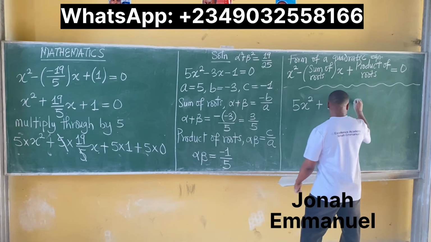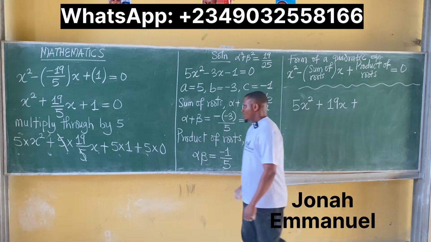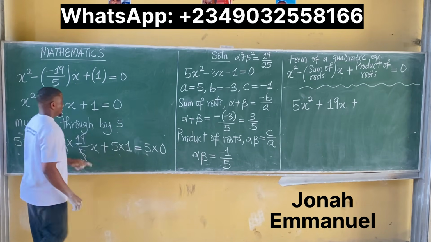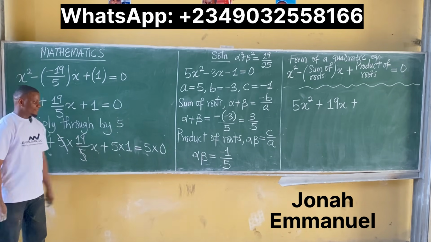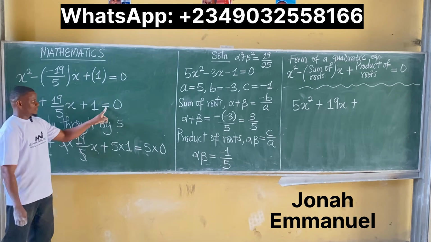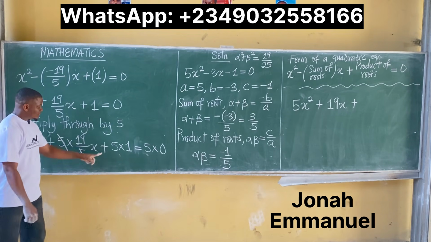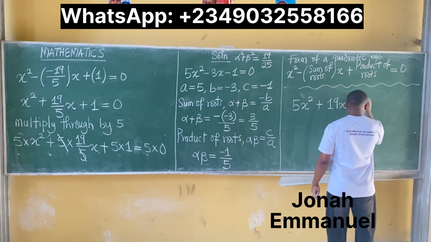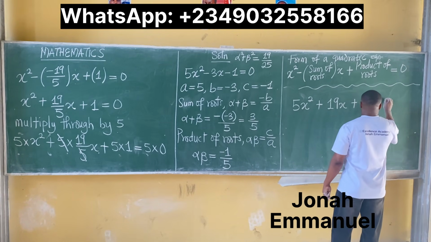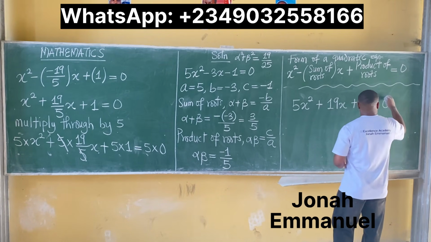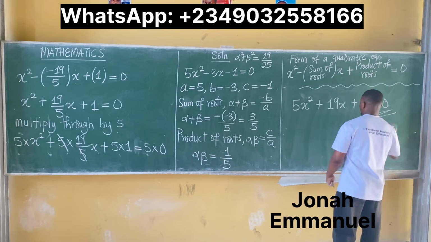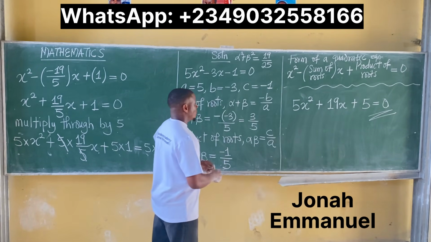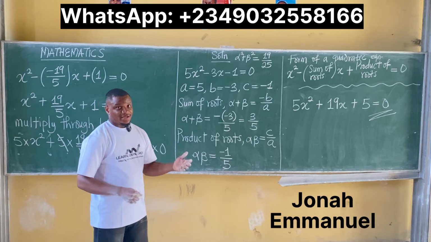Then plus 5 times 1 gives you 5. This is equal to 5 times 0, which is 0. All right, so what you have here is the required equation. So this is for I. Let's look at II.